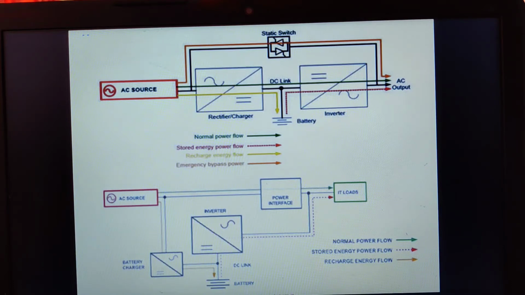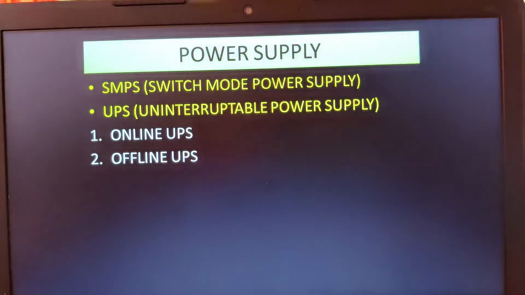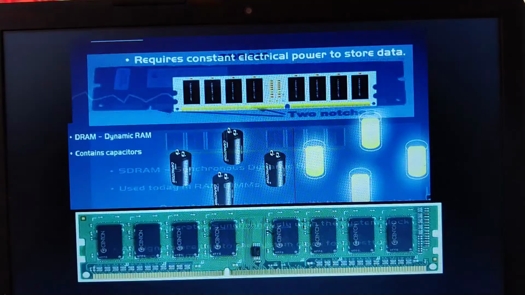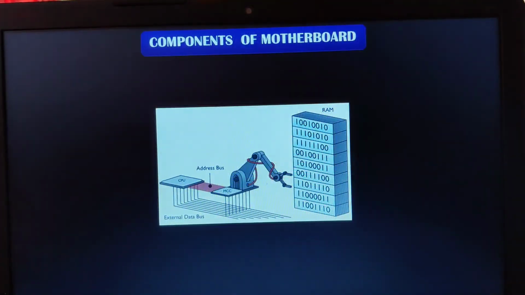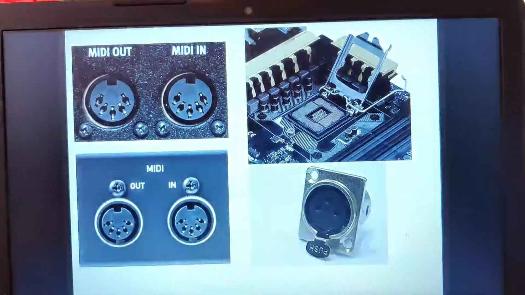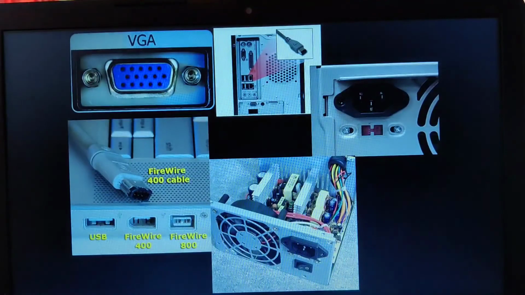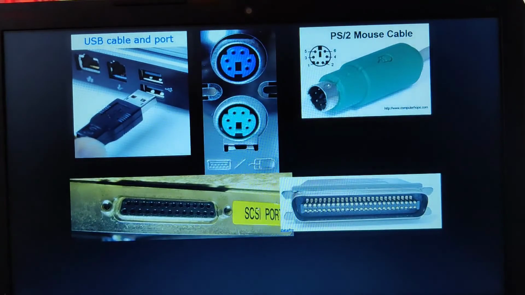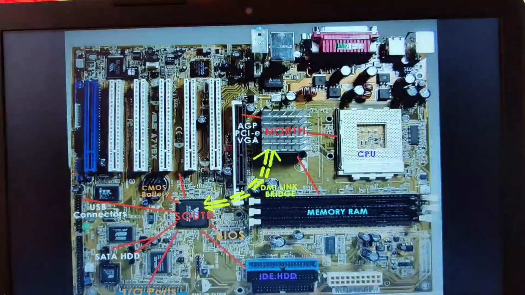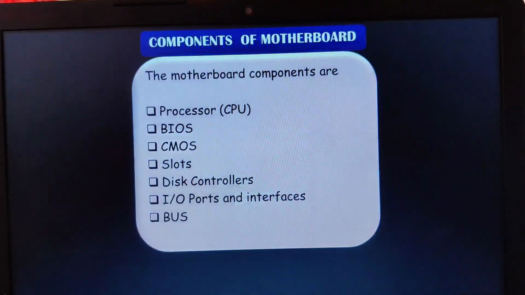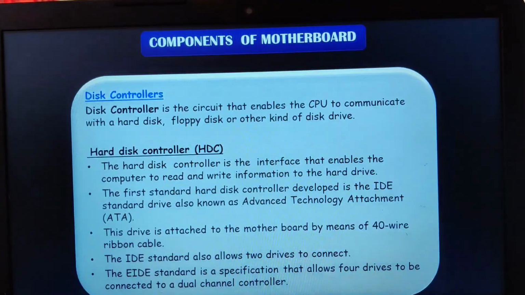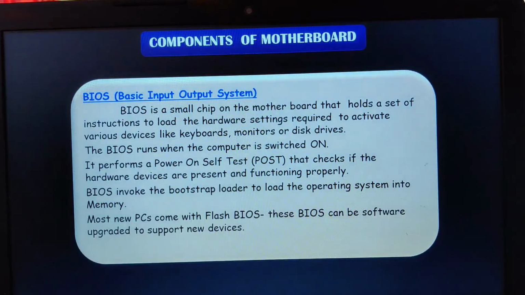Now in this typical configuration, one question has been given: explain the different components of the motherboard. We have already discussed this in one of the previous questions. We have discussed almost 9 different components of the motherboard. Of these, you need to explain at least 7, different components of the computer system that we have discussed.